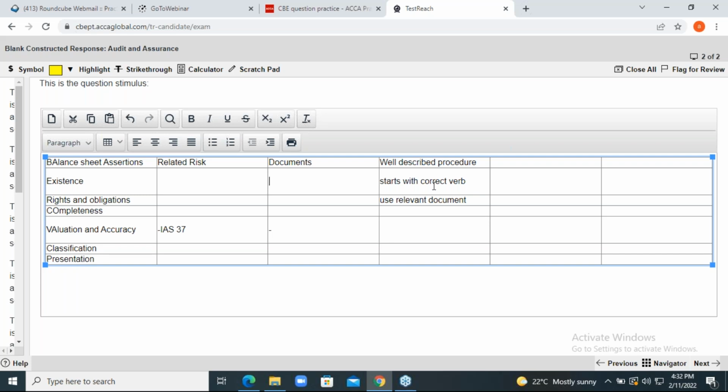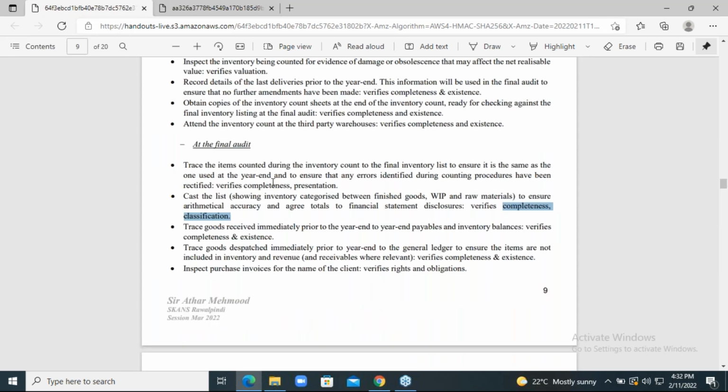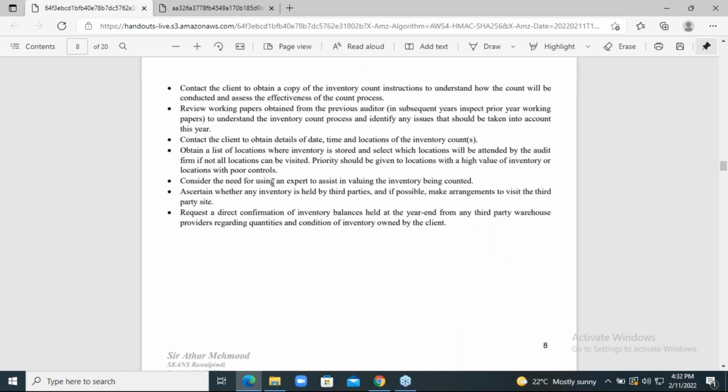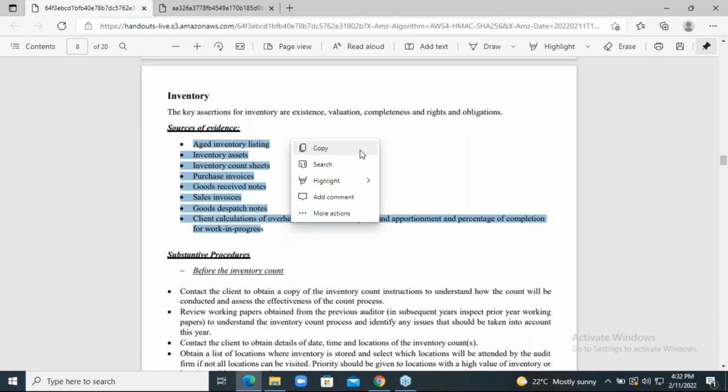Now, these are the days when you have time to memorize the concept of procedures. The relevant documents, you can see in every area. I have noted some of the important evidences.